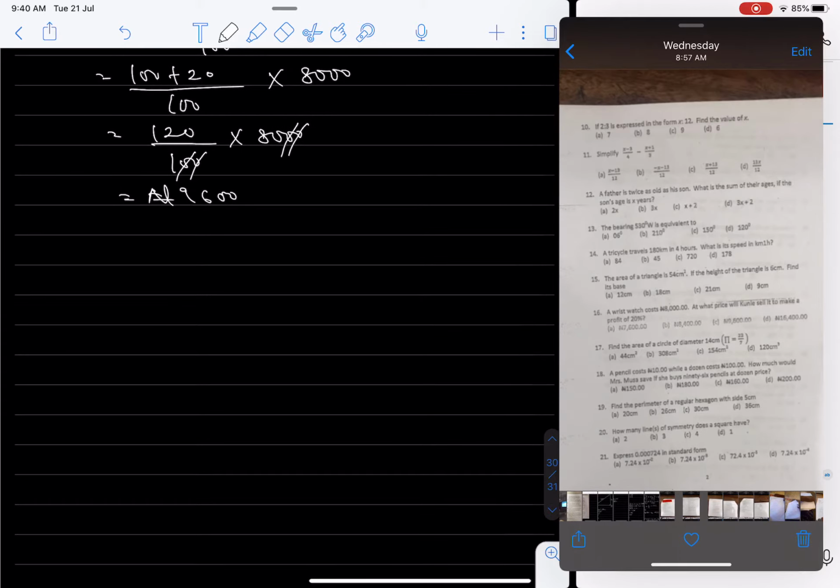So you must sell at 9,600 to make a profit of 20%. Number 16, that's C. That's option C.